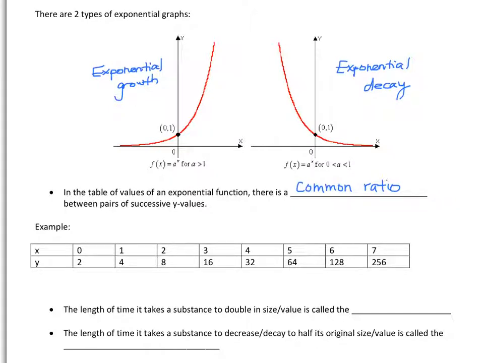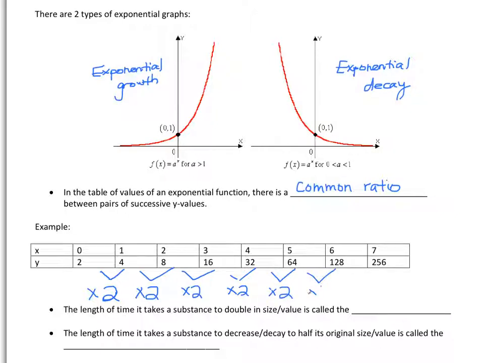So for example, if we look at our row of y values here, 4 divided by 2 is 2. And 8 divided by 4 is also 2. So in other words, we're multiplying by 2 all along the bottom here. So 8 times 2 is 16, and 16 times 2 is 32, and so on.